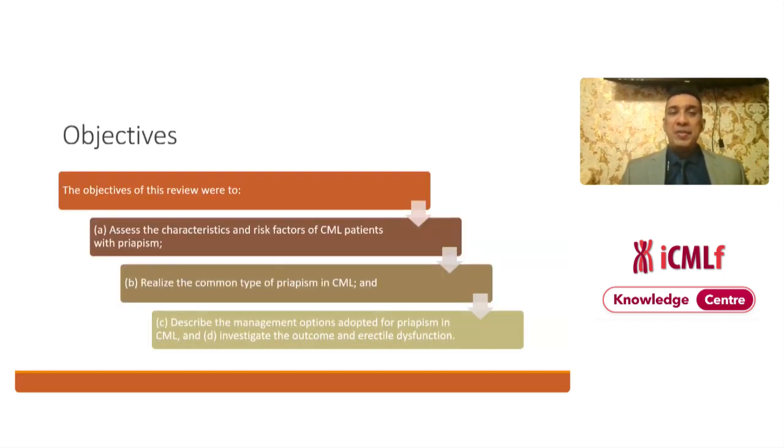The objective of the review was to assess the characteristics and risk factors of chronic myeloid leukemia patients with priapism, to identify the common types of priapism in chronic myeloid leukemia, to describe the management options adopted, and finally to investigate the outcome and erectile dysfunction.